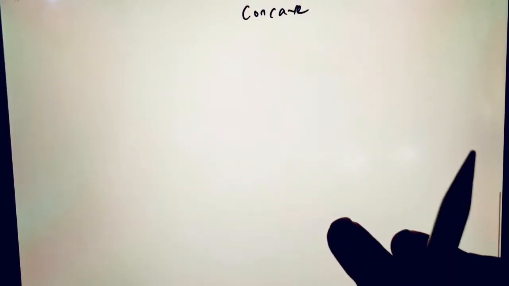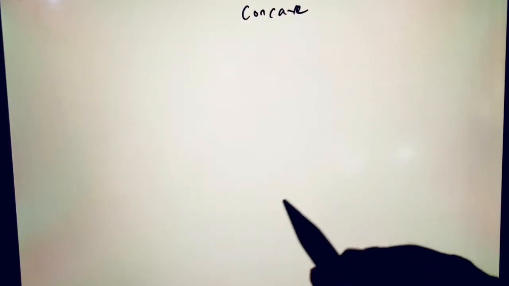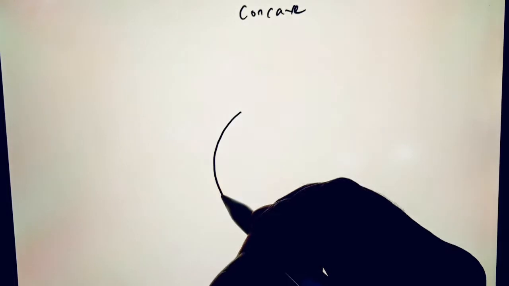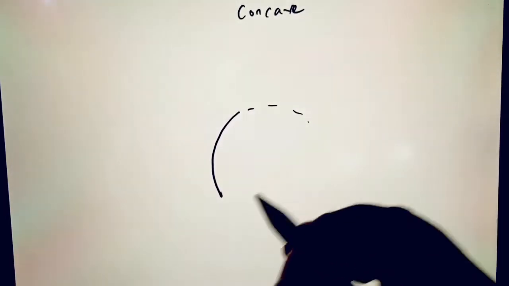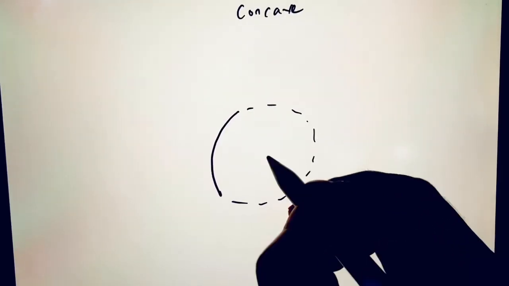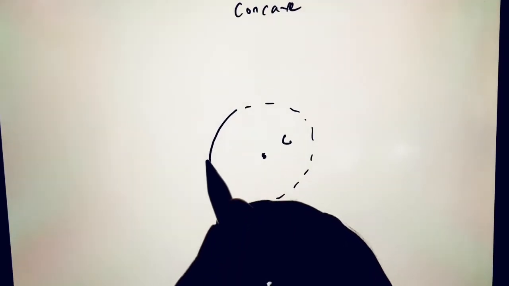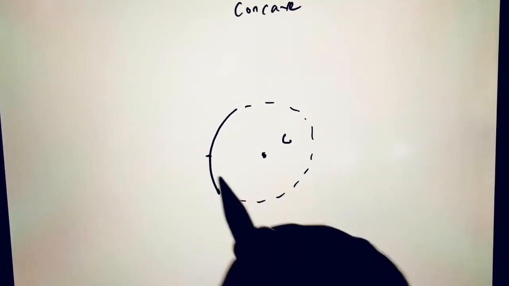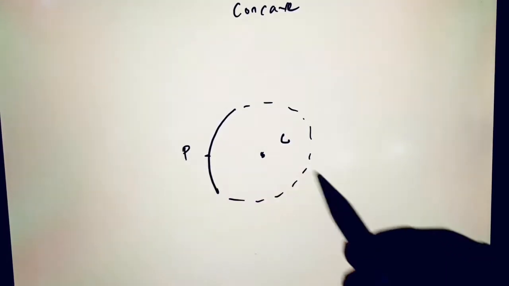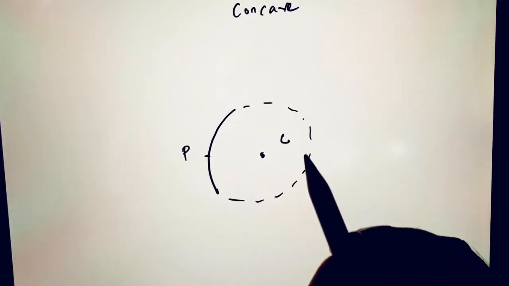Now let us try to understand some terminology with respect to mirrors. As we said, a spherical mirror forms a part of a sphere. That sphere will have a center, which we call the center of curvature. The center of the reflecting surface of the mirror is called the pole. Mind you, these dotted lines are not the mirror.